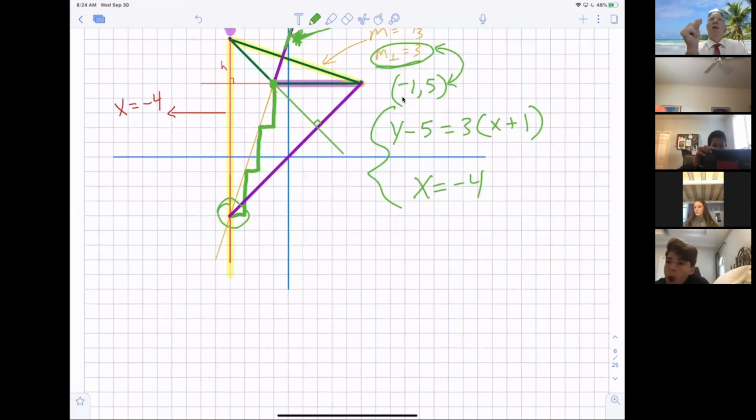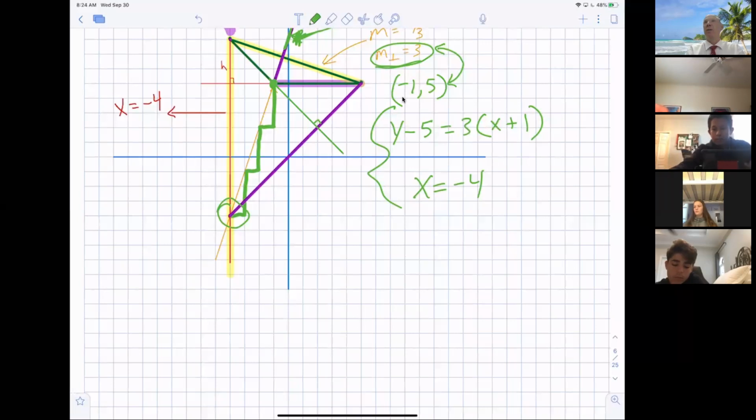Now, come on, I mean it. Listen, some of you don't know because you don't ask. That's the problem. You don't know because you don't ask. All right? That should be perfectly clear for everybody. I just drew two lines. I'm trying to find the equation of both lines so I can find where those two equations intersect.